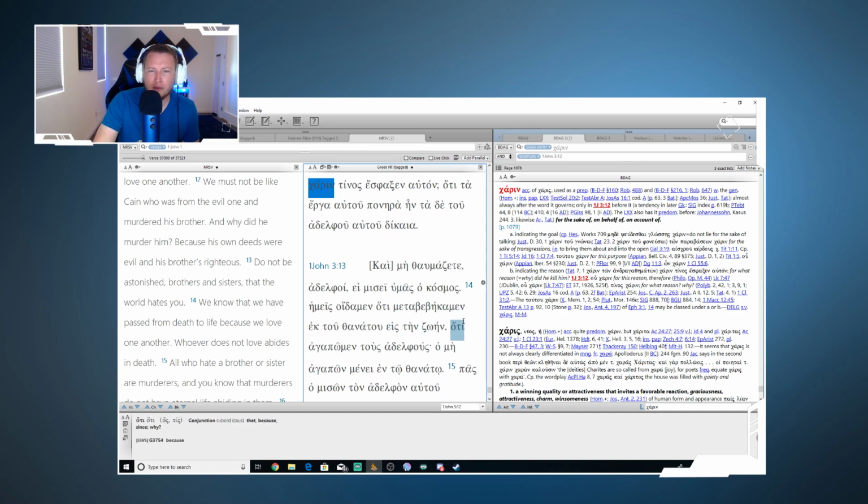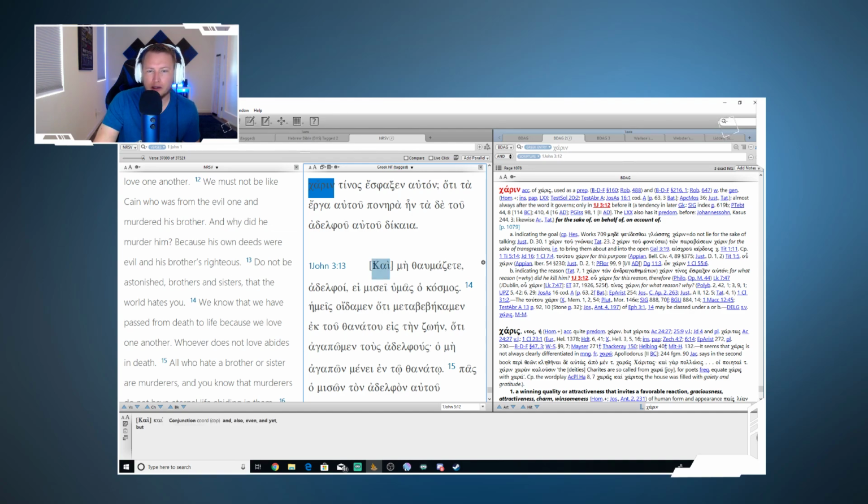Kai mē thaumazete adelphoi, misei hymas ho kosmos. So verse 13. Kai is in brackets. This means it's hotly disputed as to whether it's original to the text. We'll get to textual criticism in chapter 5 in the final week. But we'll go ahead and include it here.